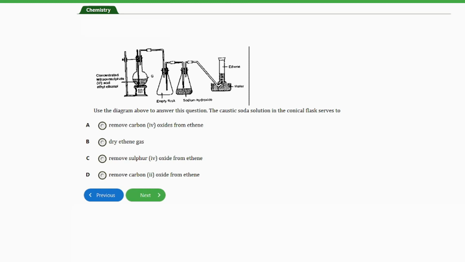C, remove sulfur dioxide from ethane. And D, remove carbon monoxide from ethane. So guys, the answer to this question is option A. Caustic soda solution is actually used to absorb any carbon dioxide or sulfur dioxide that is produced during the reaction. So that's the answer to this question, option A.